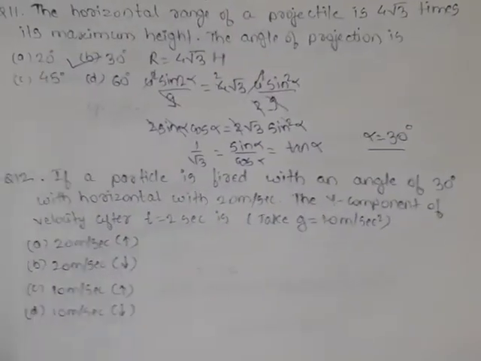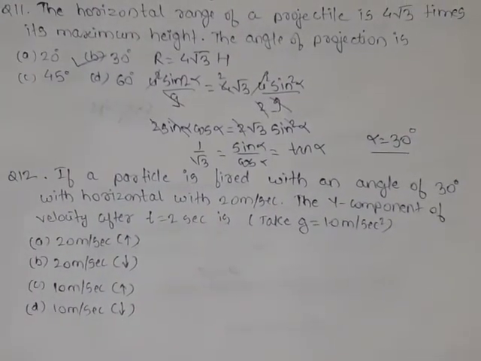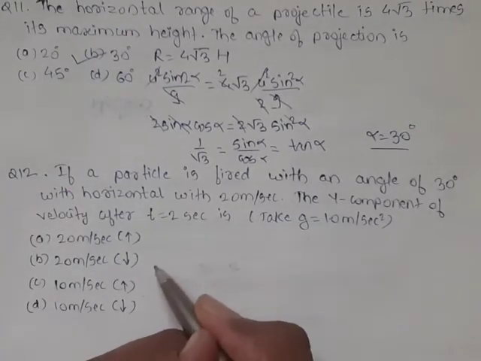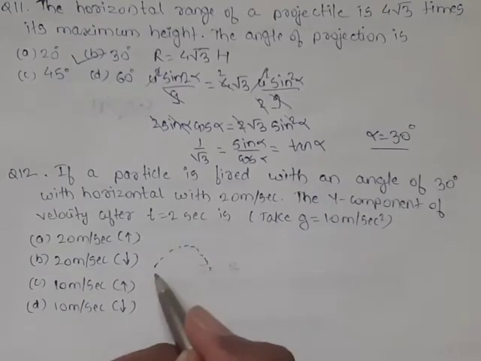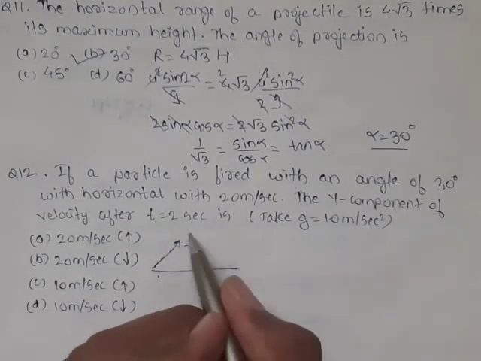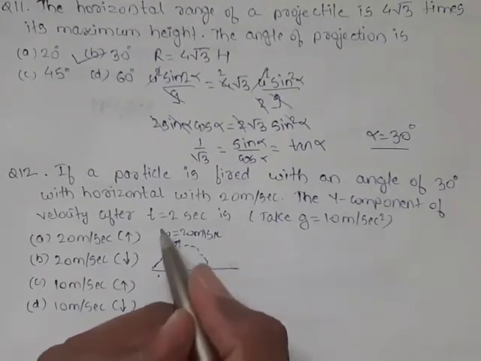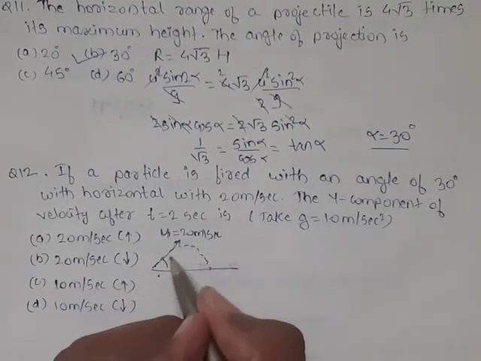Now question 12. If a projectile is fired at an angle of 30 degrees with the horizontal with 20 meters per second, the y component of velocity after time t equal to 2 seconds is. So when the projectile is in the air, its y component of velocity is asked. So here the projectile is initially fired with initial velocity u equal to 20 meters per second, and the angle of projection is 30 degrees.